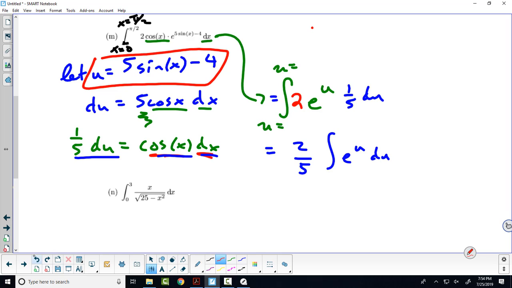So when x equals 0, what is u? Well, u would be 5 times the sine of 0 minus 4, which is, what's the sine of 0? It's 0 times 5, so you get minus 4.